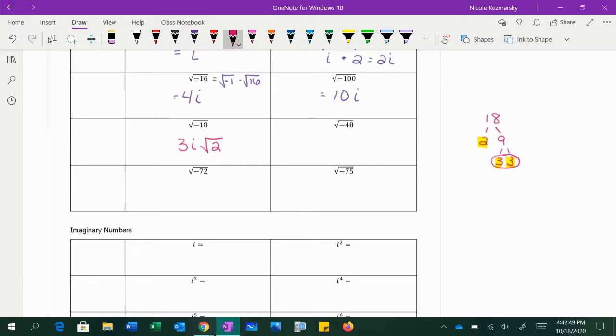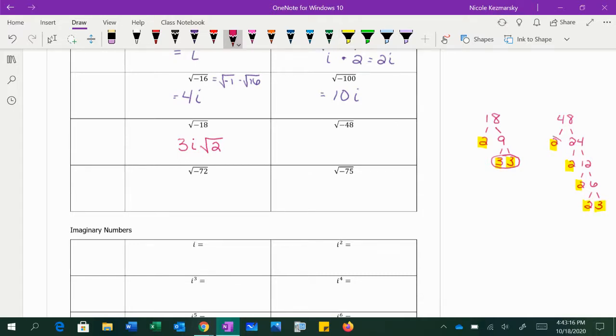We're going to do the same thing with -48. Over here, I'm going to do a factor tree. So 48 is 2 times 24. 24 is 2 times 12. 12 is 2 times 6. And 6 is 2 times 3. So we have all of these prime numbers, some 2's and a 3.